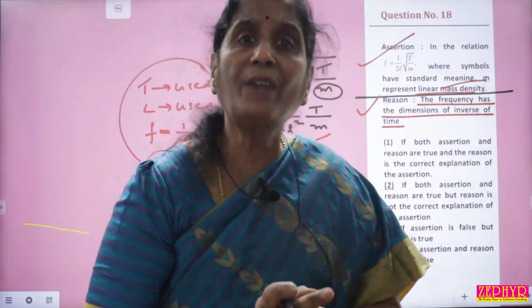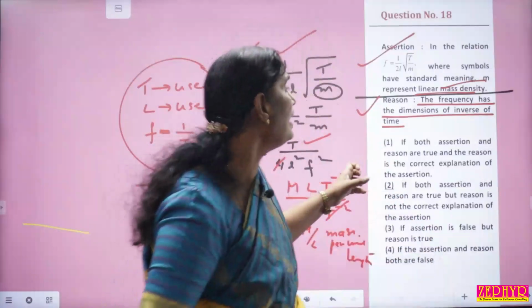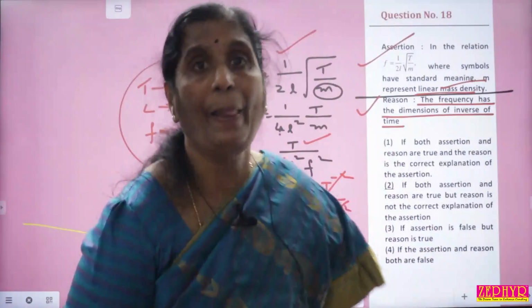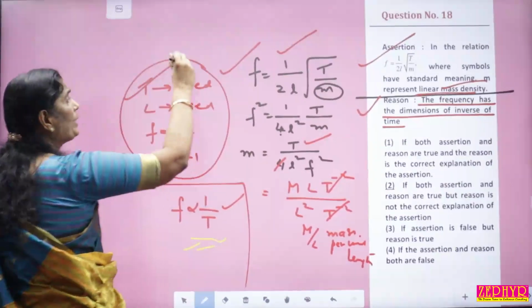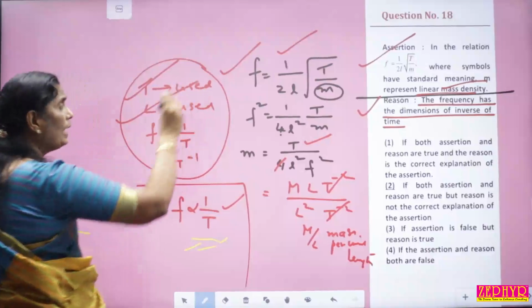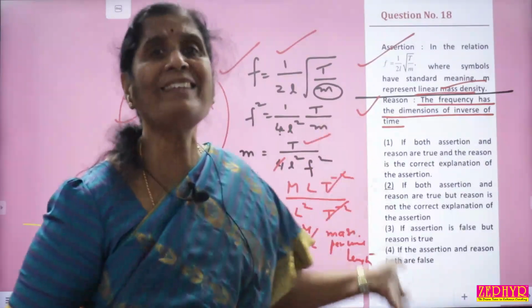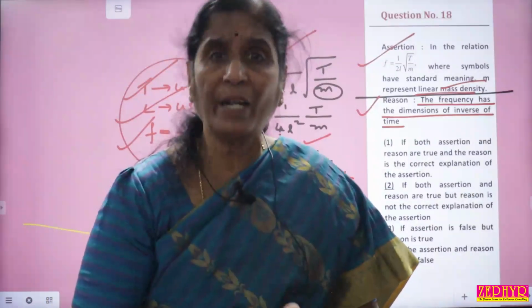But the second is not completely applied in the first. The second says only the relation between frequency and time, but that is not enough. To explain the first, I should have an idea about tension, about length, and of course about frequency. He has given only the frequency, nothing about tension or length.